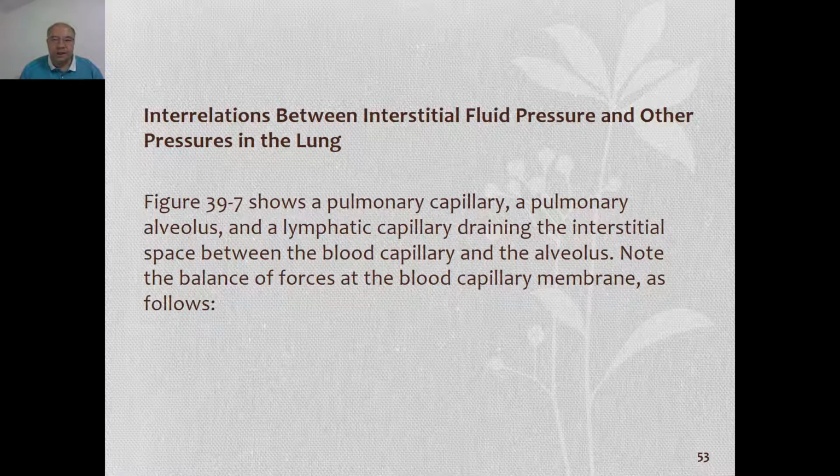Interrelations between interstitial fluid pressure and other pressures in the lung. Figure 39.7 shows a pulmonary capillary, a pulmonary alveolus, and a lymphatic capillary draining the interstitial space between blood capillary and the alveolus. Note the balance of forces at the blood capillary membrane as follows.